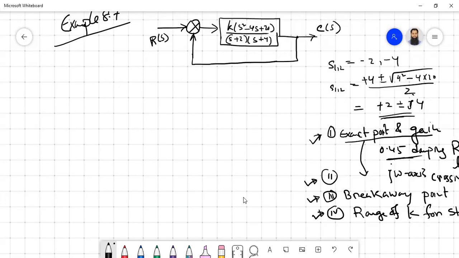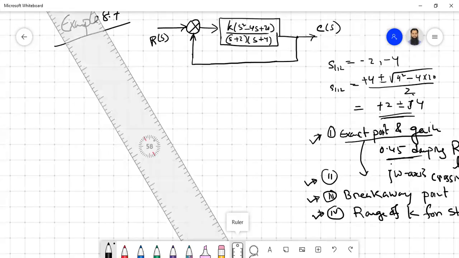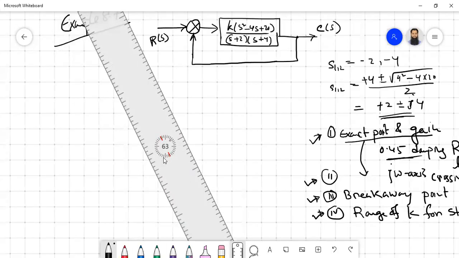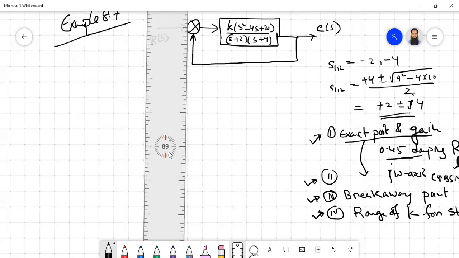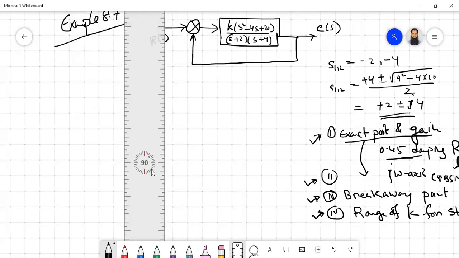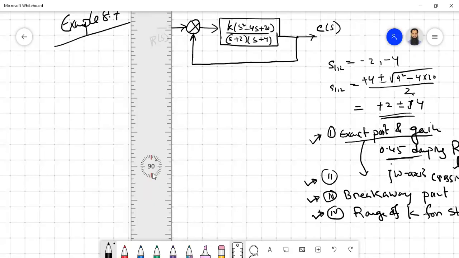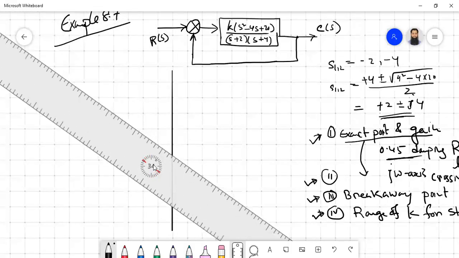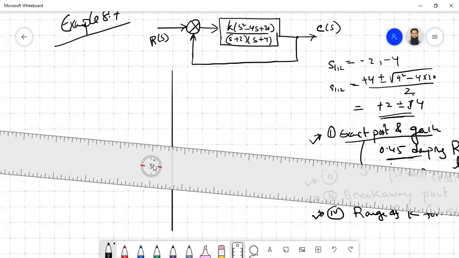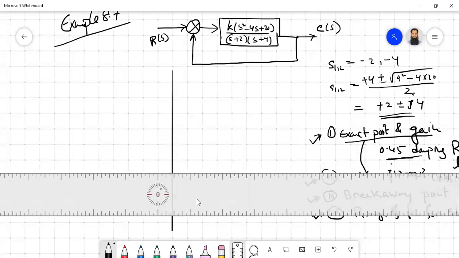So let us try to plot it. Let us draw the real and imaginary axes. At times it takes time to use the ruler, but to have a better picture, it's better to go with that.